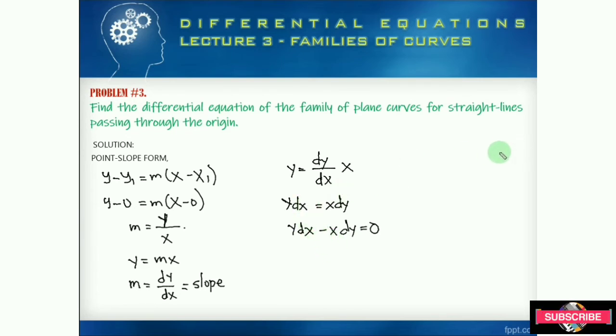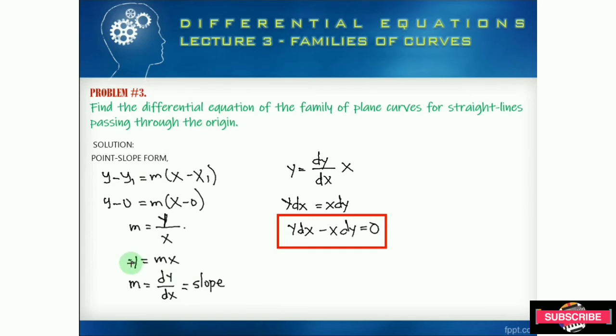So actually this is now our answer for this problem number 3. This is the differential equation for these straight lines passing through the origin. We are using this one because our x1 and y1 are simply equal to 0, since it is passing through the origin.